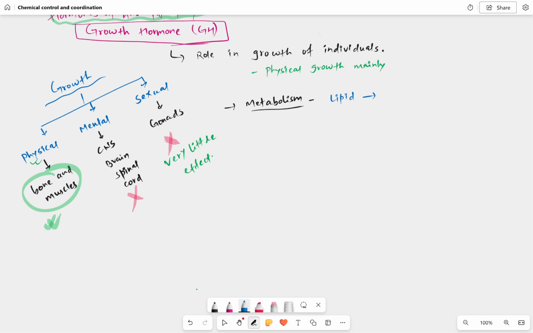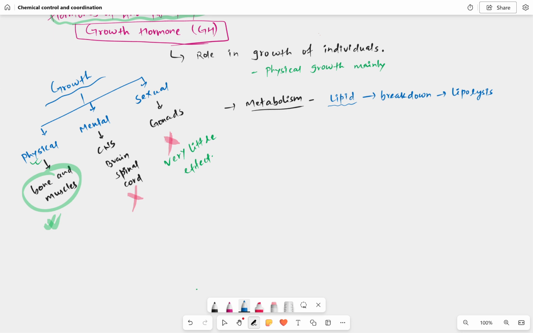So during growth, lipid is not stored; rather, lipid is breaking down. Breakdown of lipid is seen and it is called lipolysis.